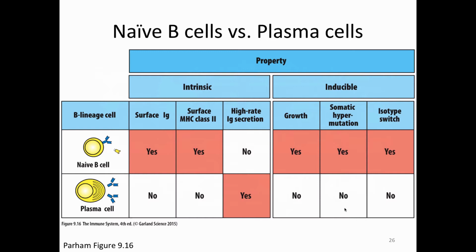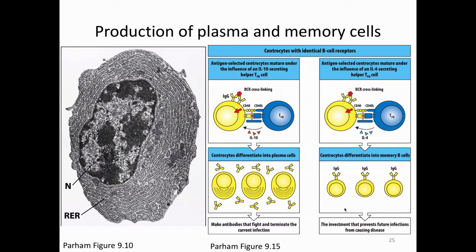Alternatively, our naive B cells have sort of the opposite phenotype. Our plasma cell, because of this type of differentiation, is not really set up to live very long. This cell is going to make you boatloads of antibodies for a short period of time to combat that antigen, and then it's going to die because it has gone to this dramatic specialization.